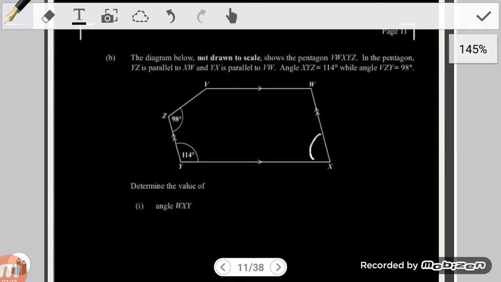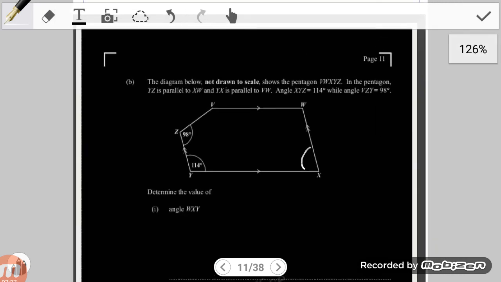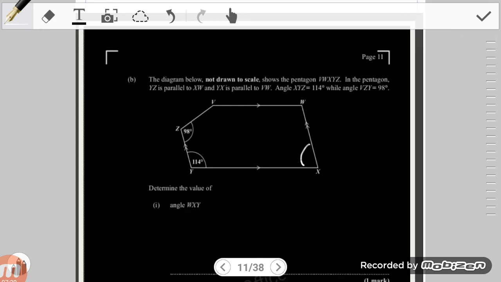Alright, ladies and gentlemen, let's talk about some of the things that you should really be looking out for when it comes to a question like this. I see one main key element in this question, and it's this word right here, parallel.